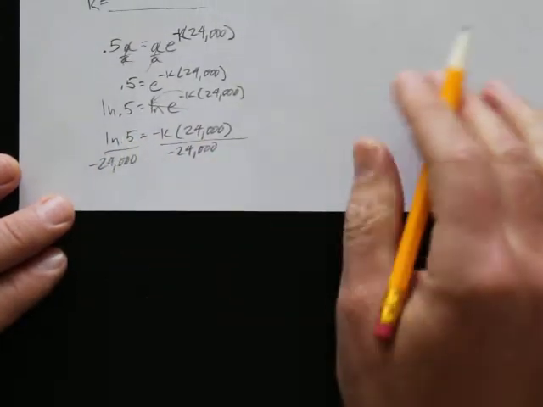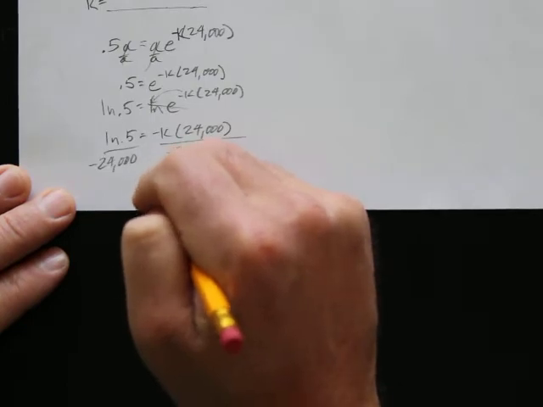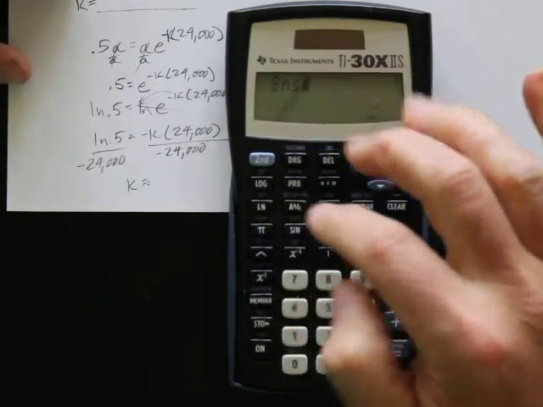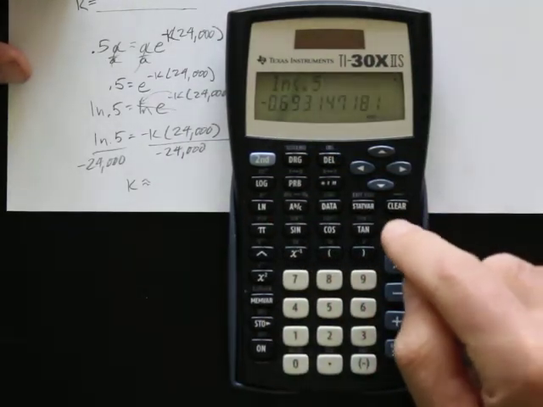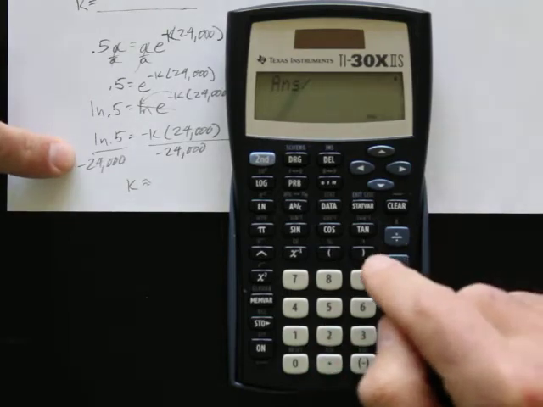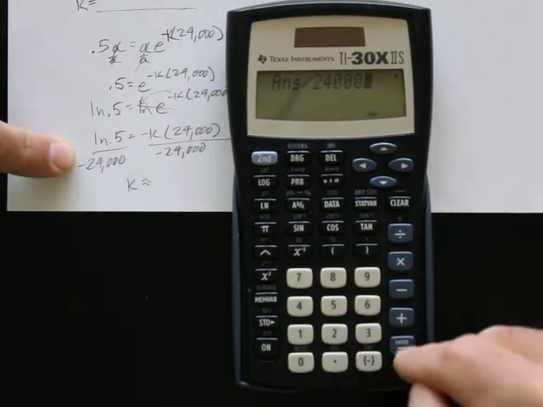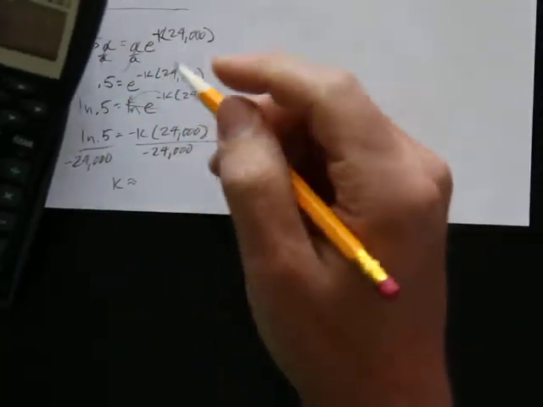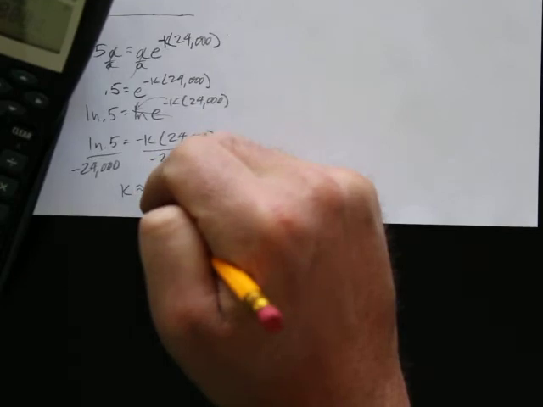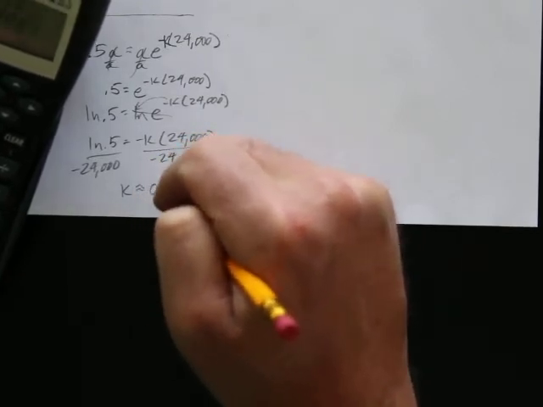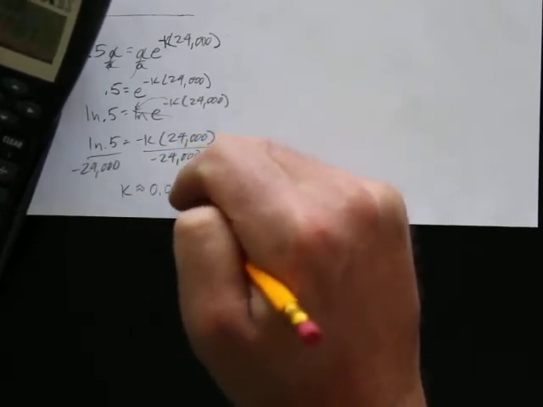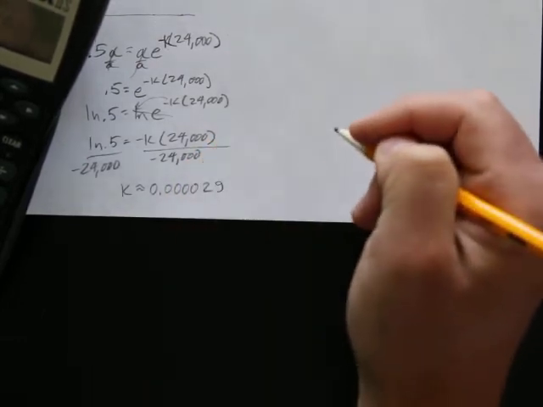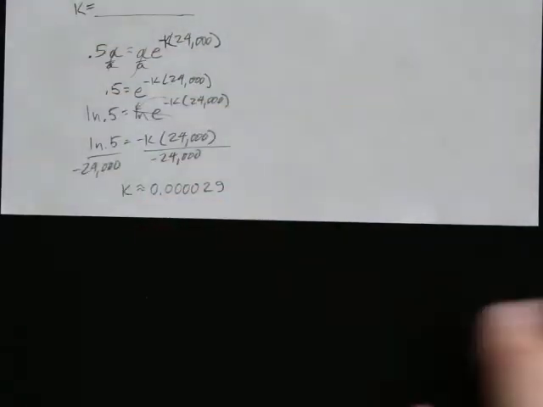All right, now I just plug this into my calculator and I will know what k is approximately. Here we go. Natural log of 0.5 divided by 24,000, and then I need to pay attention to my negative here too. So that is approximately 0.0, let's see, 4 zeros here, 1, 2, 3, 4, 29. Okay, so there's my value of k.